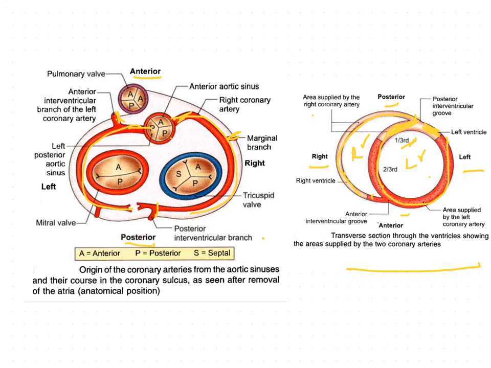That means a small part of the right ventricle is supplied by the left coronary artery, and 2/3 of the interventricular septum is supplied by the left coronary artery. So this is the area supplied by the two coronary arteries through transverse section, which was done through the ventricles.